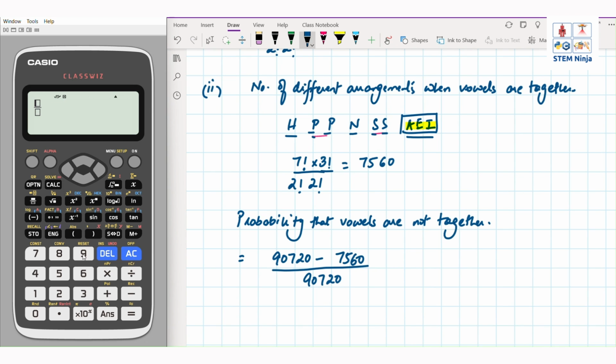So 90720 minus answer, divided by 90720. So 11 over 12. I think we can leave it as 11 over 12, but you could write it as 0.916, three significant figures. You can write it as 917 also, absolutely fine. I think 11 over 12 would be fine also.